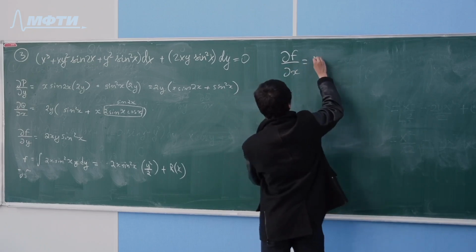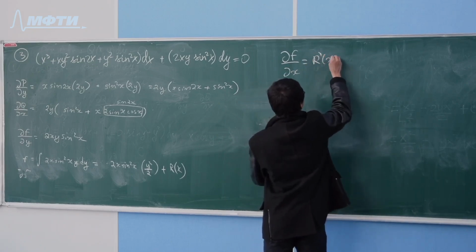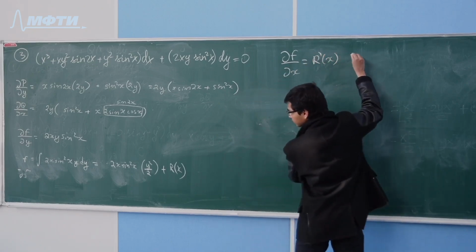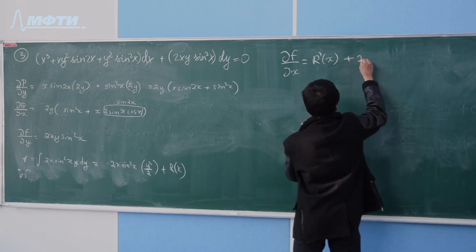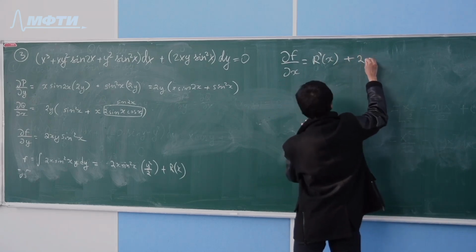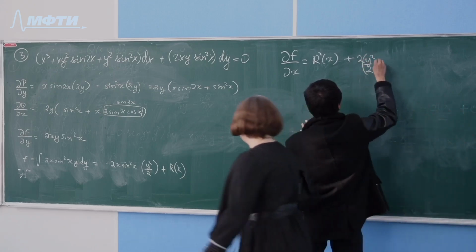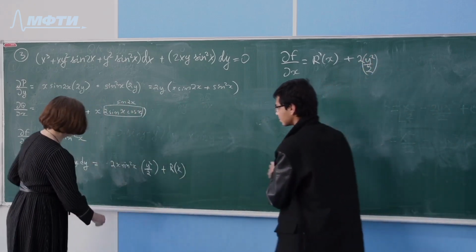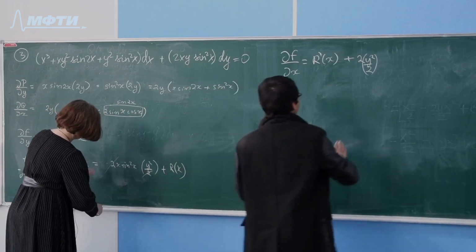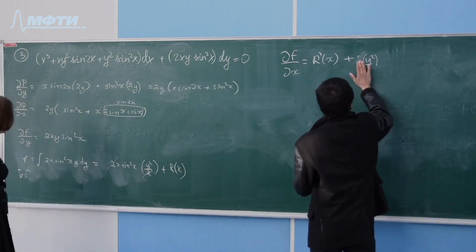Oh no, it is very big. Okay, I think it's more convenient to eliminate 2. Yeah. It would be more convenient.